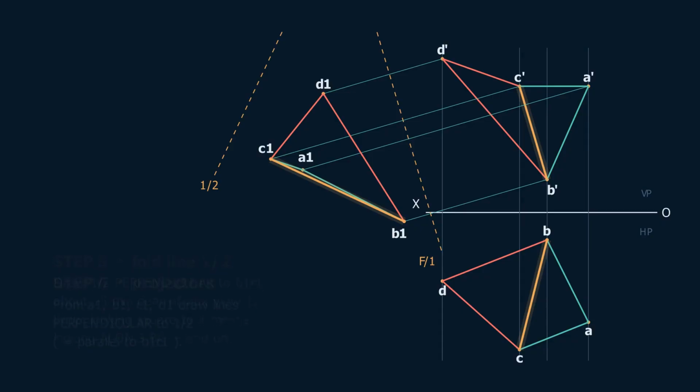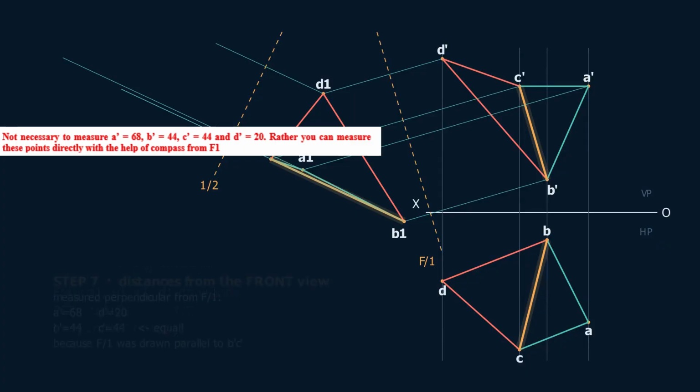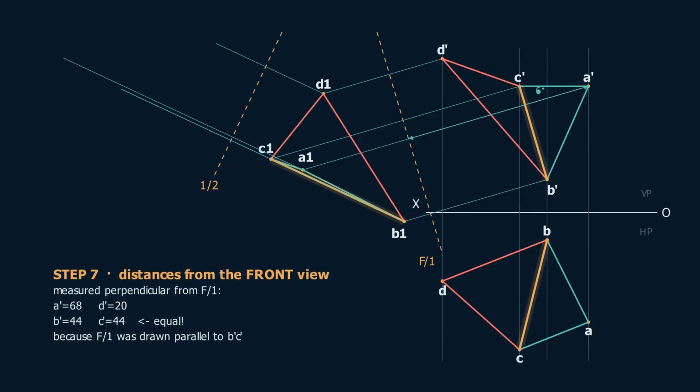Step 6. Projectors again, this time perpendicular to 1/2, which is the same as saying parallel to B1C1. And the distances? Same rule as before, go back to the view you skipped over. This time that is the front view, and you measure each point perpendicular from the F1 line.